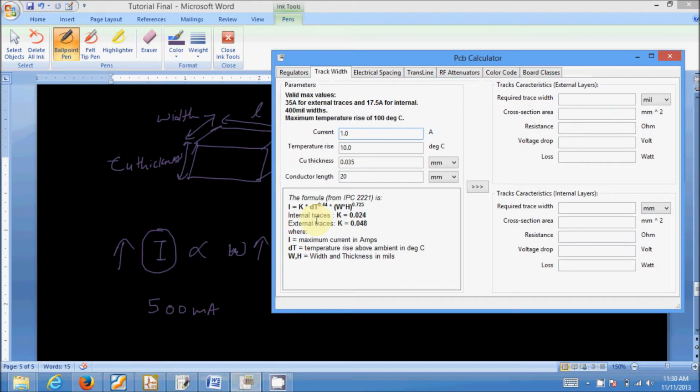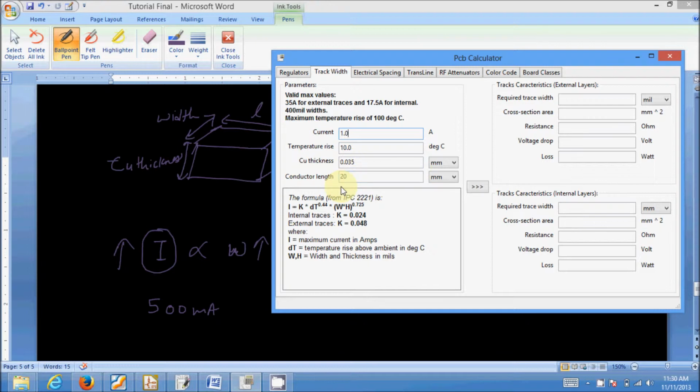Here we have 1 ampere, which is more than sufficient. Temperature rise is about 10 degrees, and the copper thickness is about 35 micrometers or 0.035 millimeters. Several manufacturers follow 70 micrometers and several 35 micrometers. So let this keep at default as well. And conductor length is assumed to be 20 millimeters.